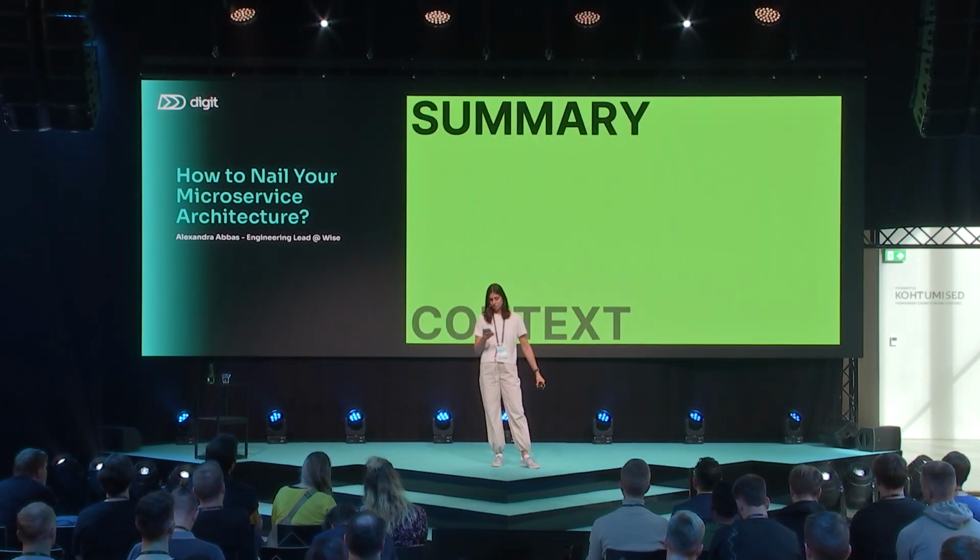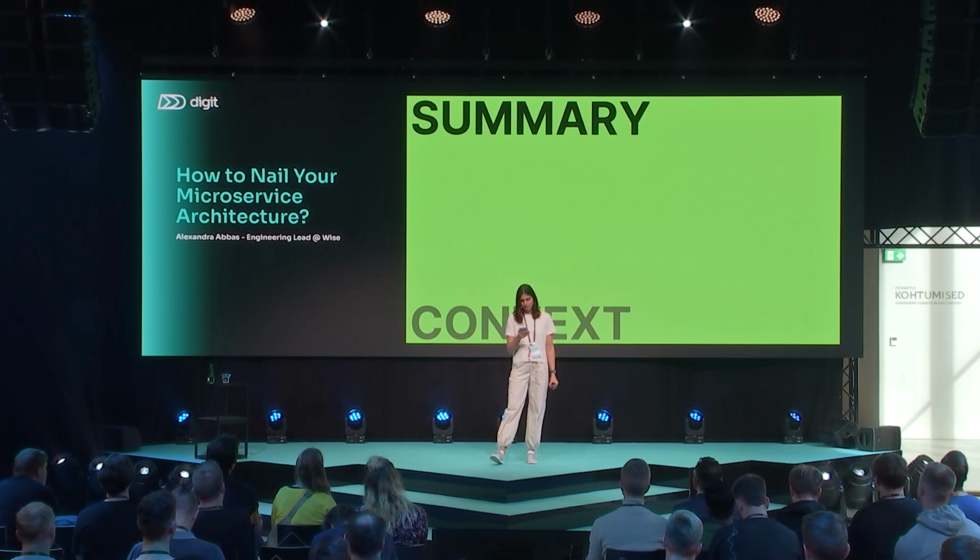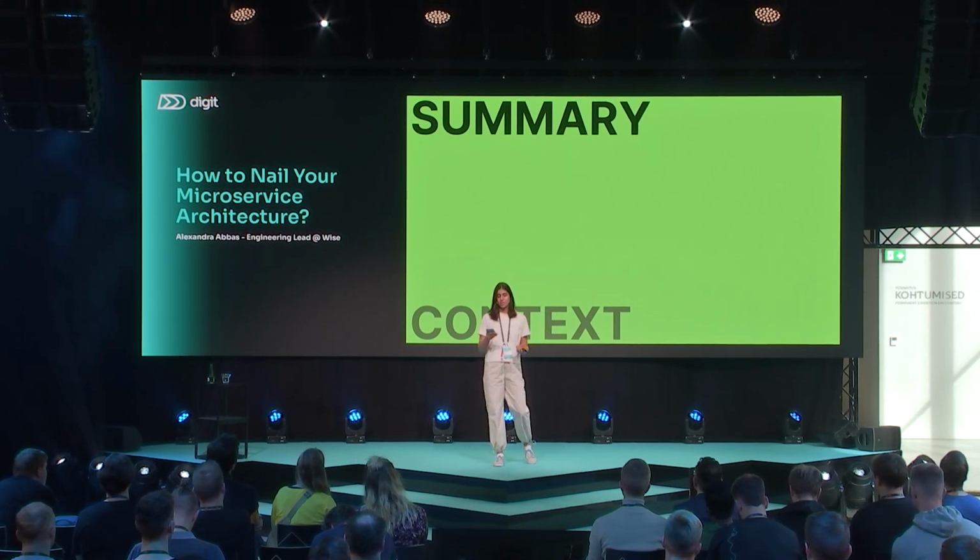All right, so in this talk, we looked at 4 patterns that helped Wise scale its microservices architecture and also migrate from a monolithic architecture to microservices architecture. It was the domain-driven design framework that allowed us to deconstruct our monolith into microservices.